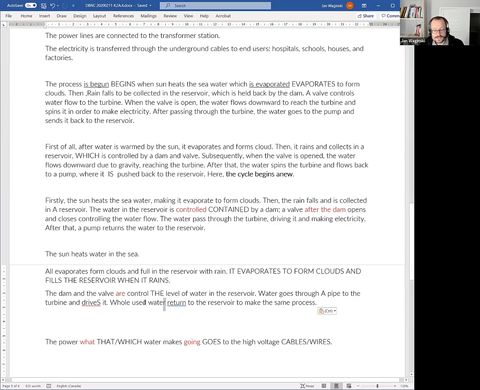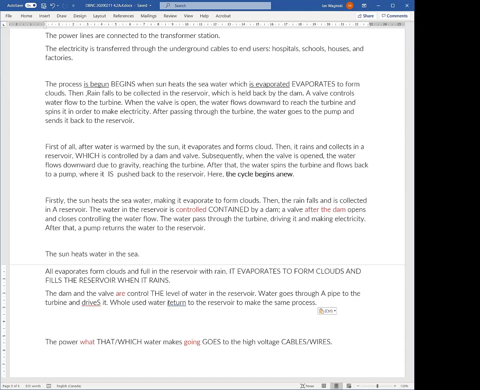Okay, if in doubt, leave it out. Do it the simplest way possible, because simple language, or even overly simple language, is going to give you a higher score than mistakes. Okay. Water returns to the reservoir to make the same process.